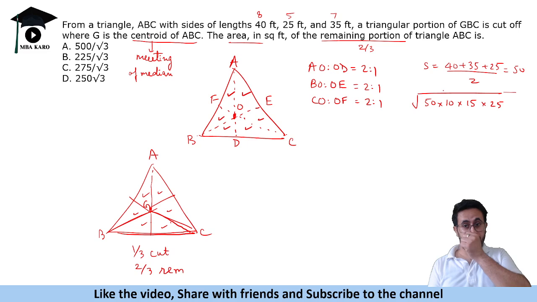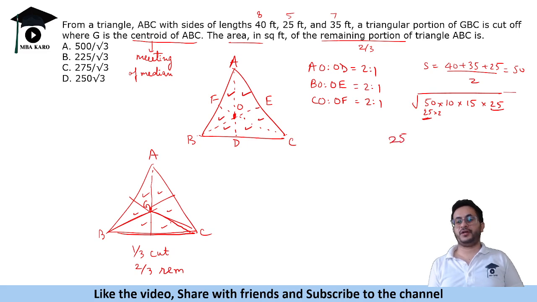So we will take out the necessary things. This 25 is 5 squared, so 5 is taken out, and this 25 into 2, so we can completely take out 25 because 25 makes a pair. Then we have 2 into 10 into 15.